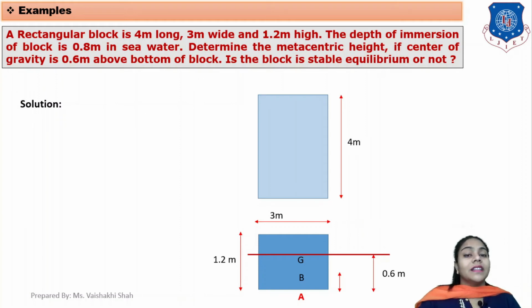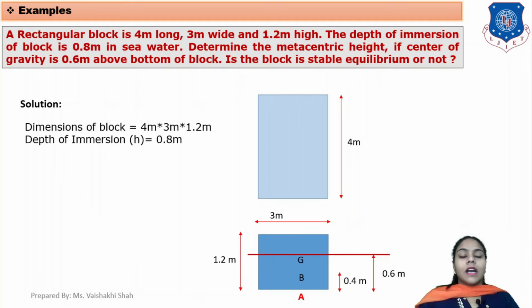So here the depth of immersion is 0.8 meter, so 0.8 divided by 2 is 0.4 meter. So the distance AB is 0.4 meter. Remember this clearly. Capital H by 2 gives you AG and small h by 2 gives you the AB distance.